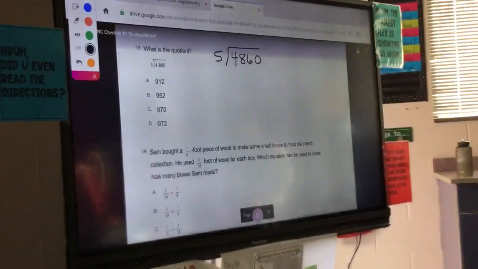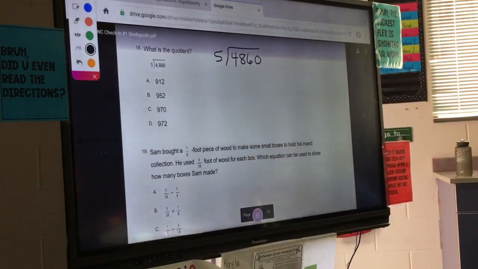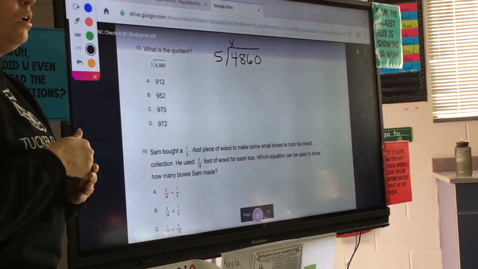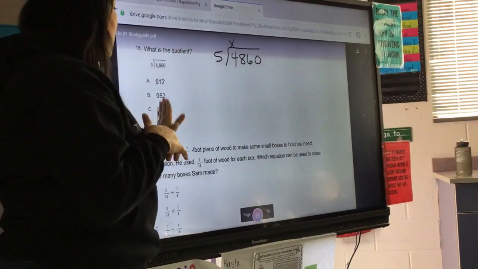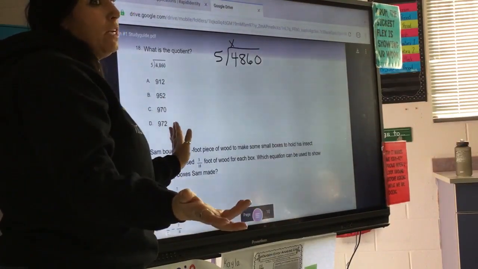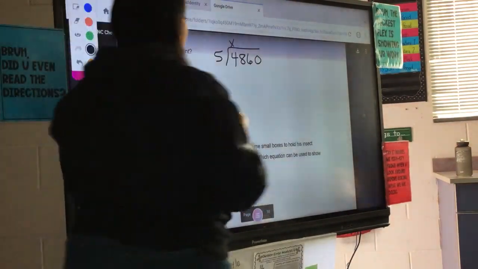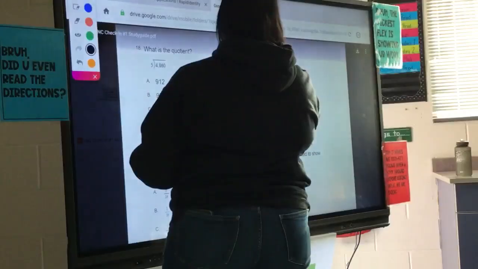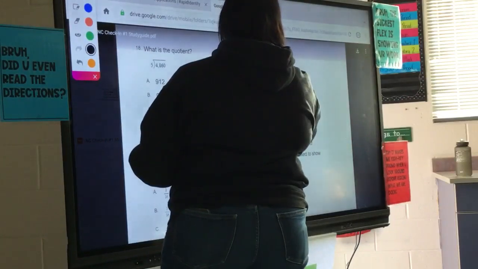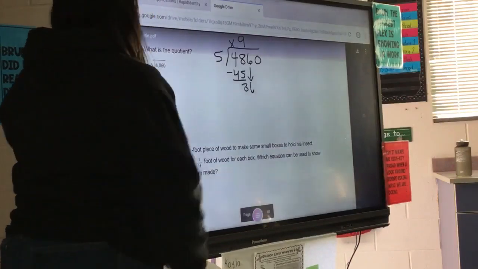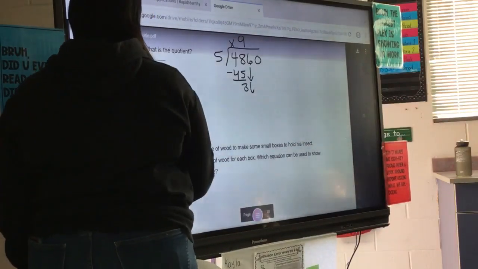All right, let's go ahead and go over this. So, looking at my answer choices, I know that there's nothing that is going to go above my 4. Then I know the next number that I'm going to use, there's only one option, right? So what am I multiplying 5 by? Isaac? 9. Alright, then looking at 36 and knowing that I have 5, I can get rid of this one.